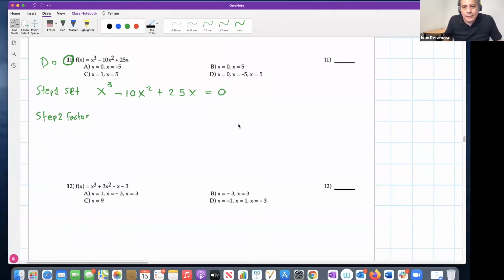Remember, as in the example that I did before, if 0 is one of the solutions, you must include it as part of the solution. It's also a solution. Yeah, it's a tricky problem.